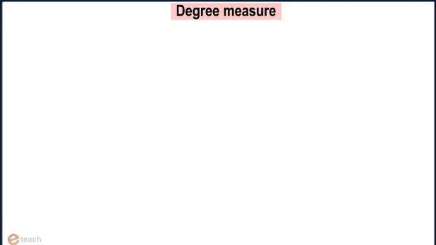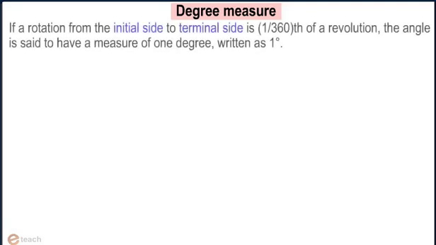Let us see degree measure. If a rotation from the initial side to terminal side is 1/360th of a revolution, the angle is said to have a measure of 1 degree, written as 1 with a small circular sign in superscript.